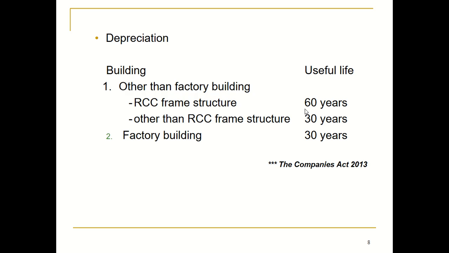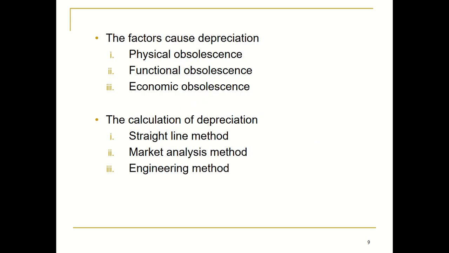So if you want to build a house, it must be built based on RCC. RCC is reinforced concrete. For a factory building or warehouse, we put 30 years as its useful life. Somehow if it exceeds the useful life, we consider the building a good building. The factors of depreciation are, of course, physical obsolescence.